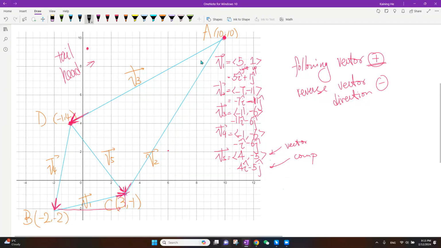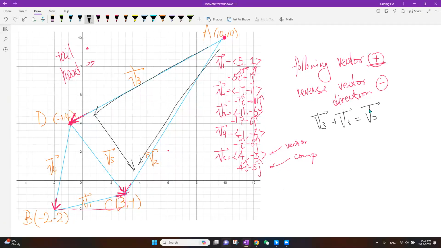In our class this morning, we talked about how vector number 3, added on to vector number 5, is equal to vector number 2. Why was that? In our math world, if we have a tail ending on a head, I can make it a connected path.